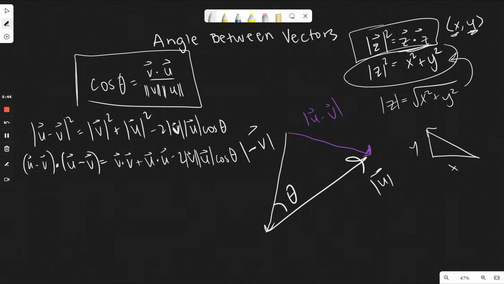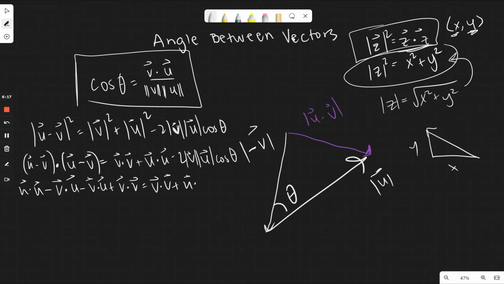Now the dot product is distributive, which I think I mentioned in the last video. Knowing that, we can distribute everything here, and we get the dot product of U minus V with U minus V, which multiplies out to U dot U, minus 2 V dot U, plus V dot V, equals, and we're just going to bring all of this down.